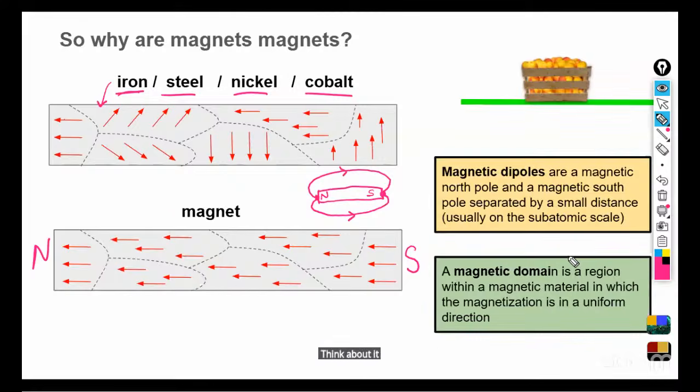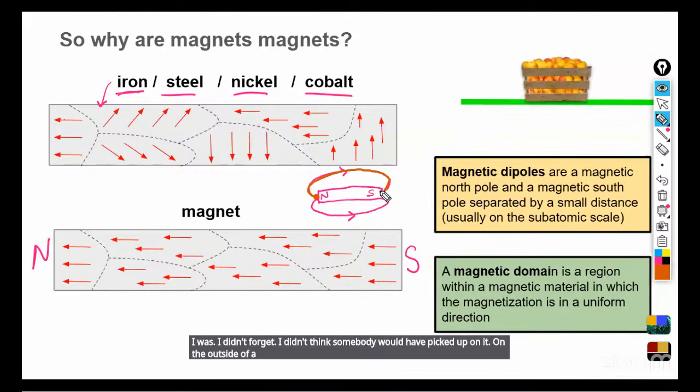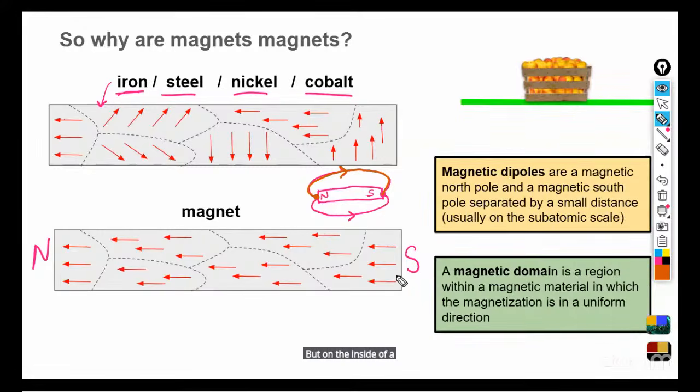Did you draw them on the outside of the magnet or the inside of the magnet? I was going to explain this a few slides down. I didn't forget it. I just didn't think somebody would have picked up on it. On the outside of a magnet, magnetic field lines flow from north to south. But on the inside of a magnet, it's the opposite.